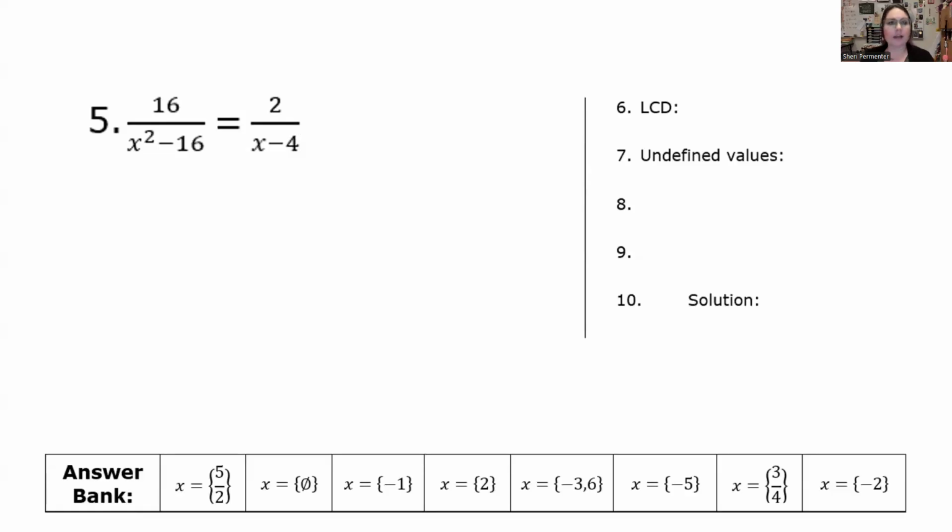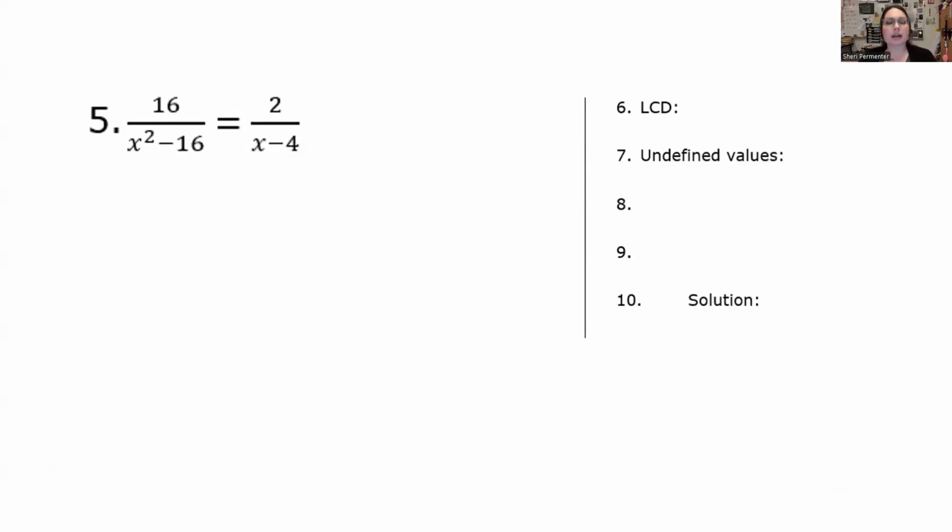We have to figure out the LCD, but first we have to make sure that everything is fully factored. Oops, this is not. What does that factor into? Or they have equals.